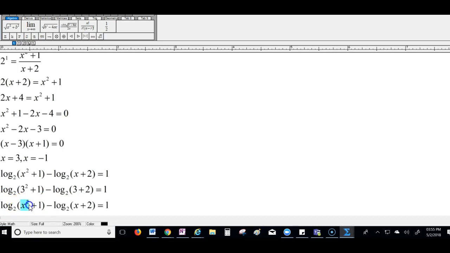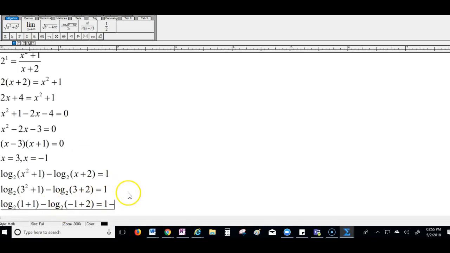Then I'm going to try my other solution, x equals minus 1. So minus 1 squared is simply 1. And if I plug that minus 1 in here, I would get the log base 2 of 2 minus the log base 2 of 1. So the log base 2 of 2 is simply 1.